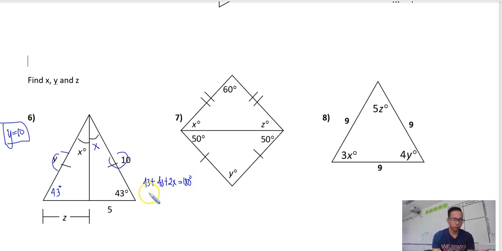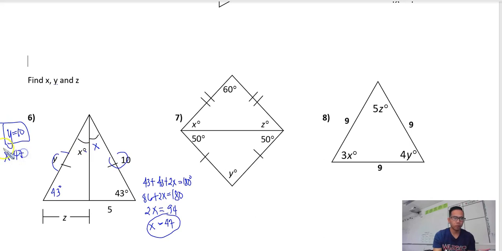So 43 plus 43 will give us 86, plus 2x is equal to 180. Then we have 2x is equal to 180 minus 86, which gives us 94. Divide both sides by 2, so x is equal to 47.